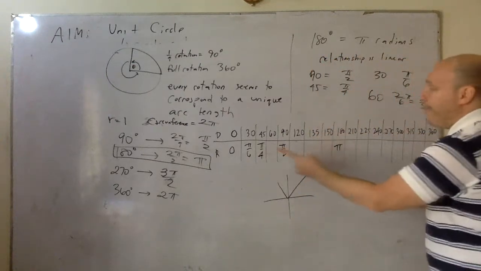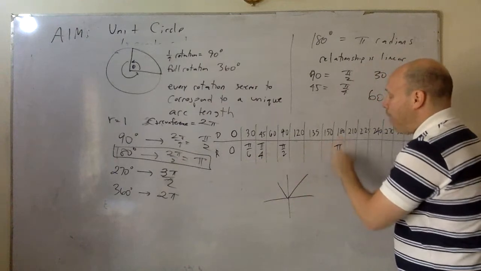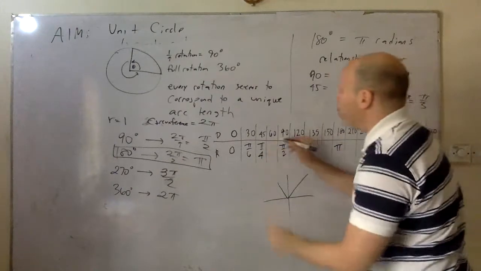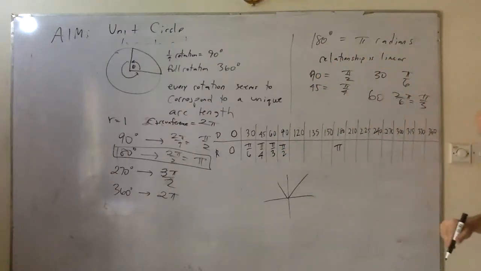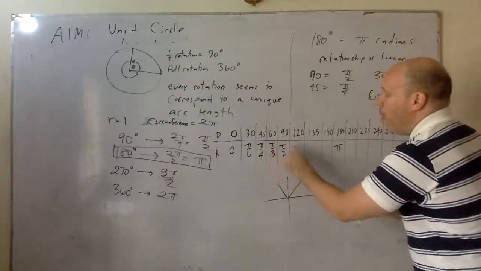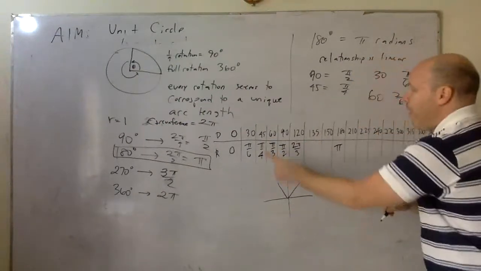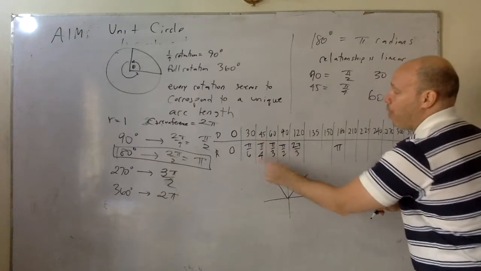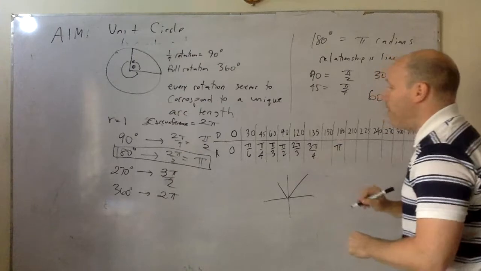And 60 is pi over 3. Let's continue. If 60 is pi over 3, 120 is 2 pi over 3. If 45 is pi over 4, 135 is 3 pi over 4.